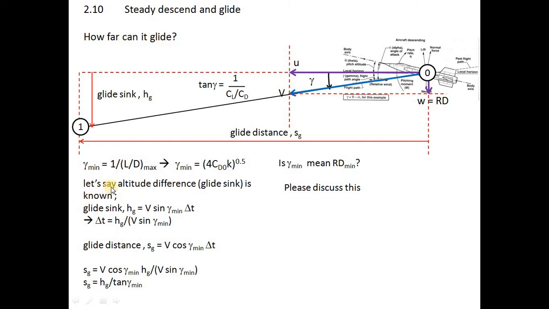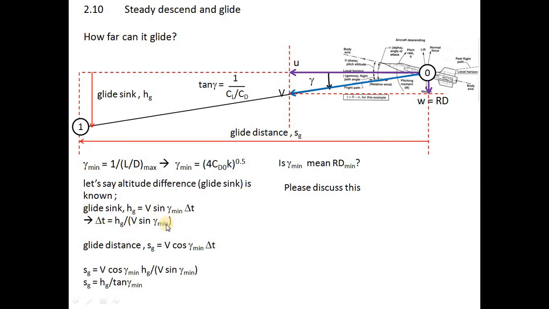Now let's say the altitude difference or the glide sink is Hg. If you know the glide sink and the Hg, which is the sink altitude, the glide sink is V sine gamma minimum times delta t, and you can find the time to glide.